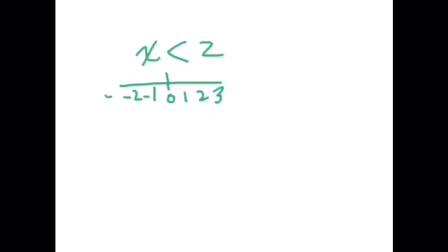To recap, if we said x is less than 2, our number line would look like this. 0, 1, 2, 3. Usually I just go a couple numbers above and below, so that's why I went to 3. -1, -2, -3.